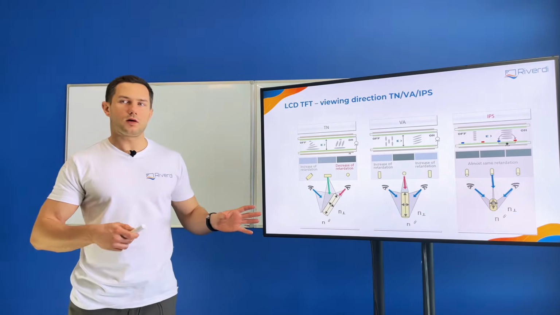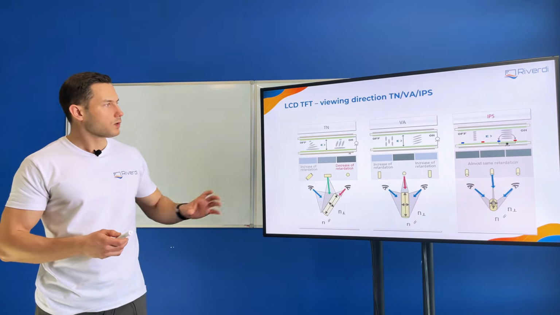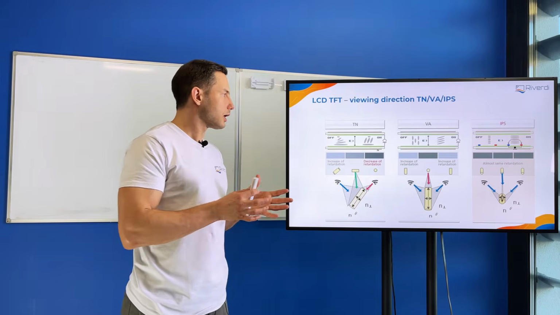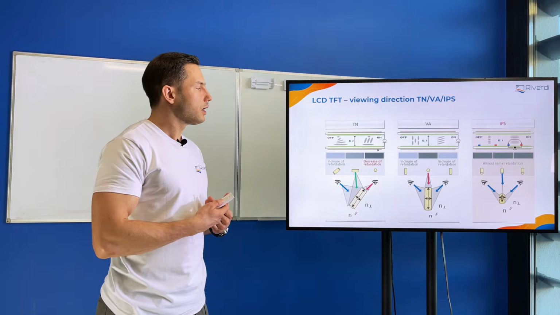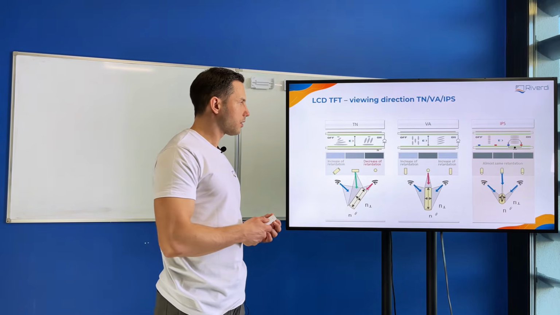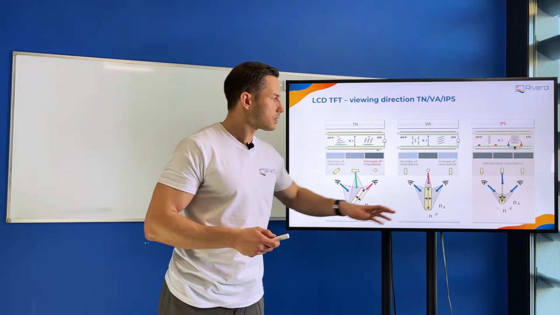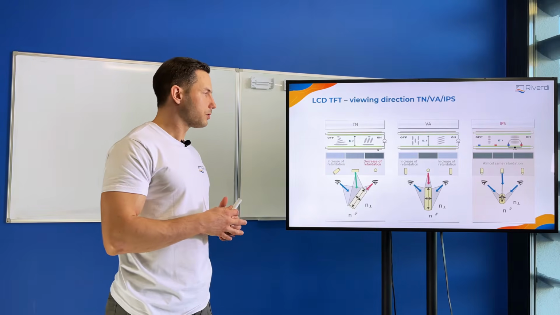So that's why we have other technologies like VA, which is a vertical alignment technology, where we put the liquid crystal in different organization, and IPS, which is in plane switching, another variation of the TFT technology. And as you see, the VA and IPS, they don't have a problem with the viewing angles.